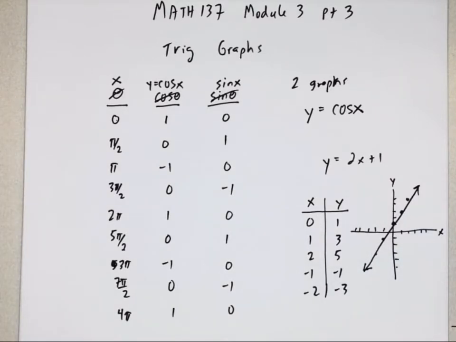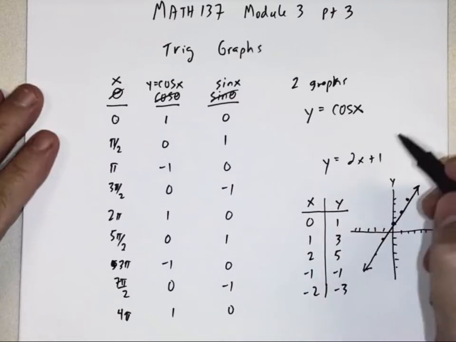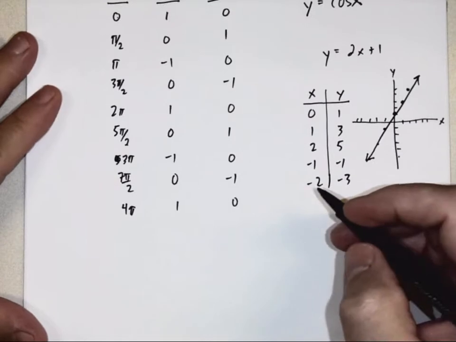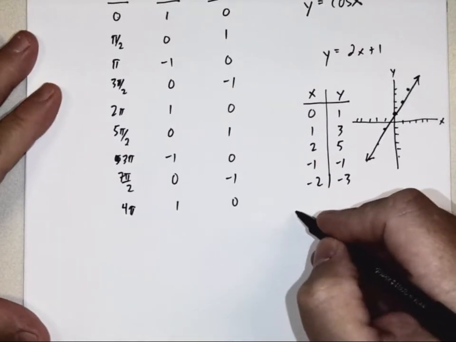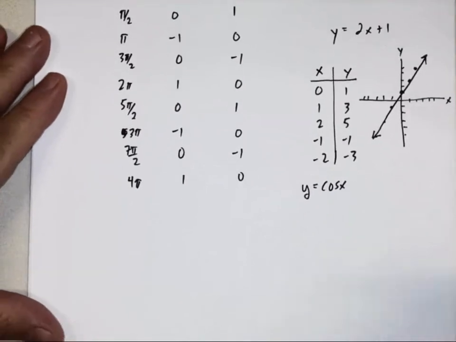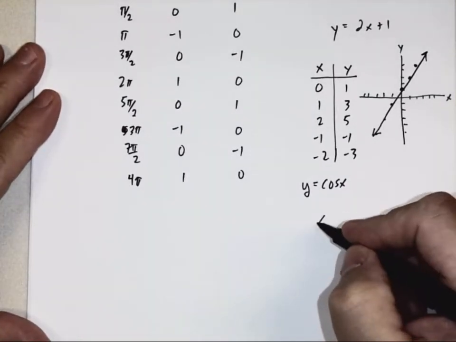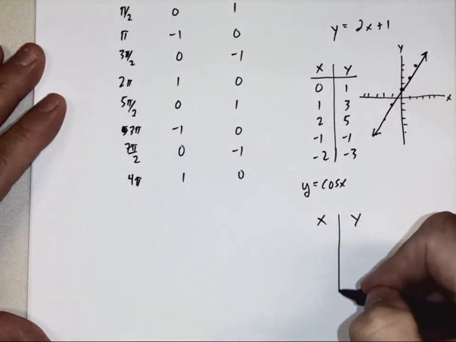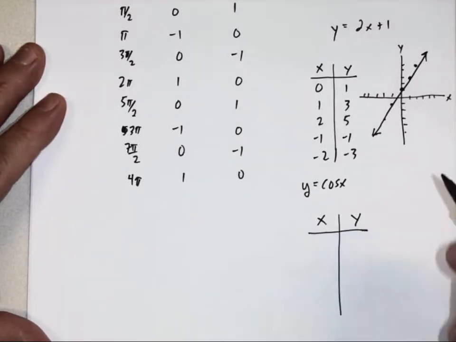Well, let's do the same thing now. Instead of the equation y equals 2x plus 1, let's do the equation y equals cosine of x. If I were to do that, it's the same thing. I'm going to choose some x's and figure out my y's.